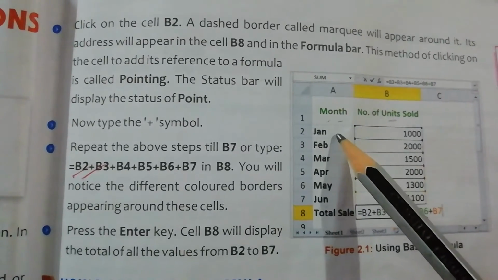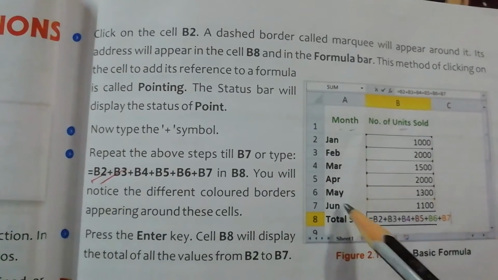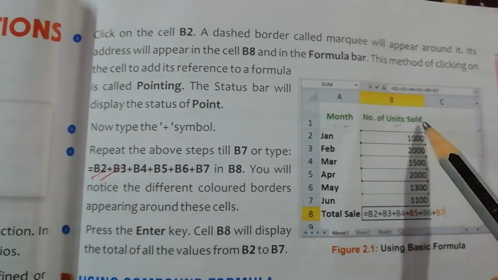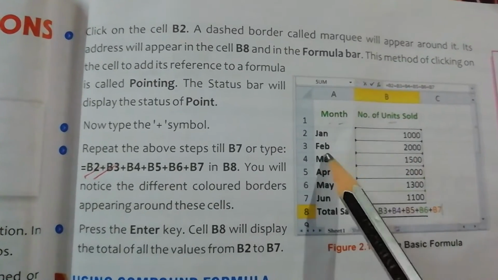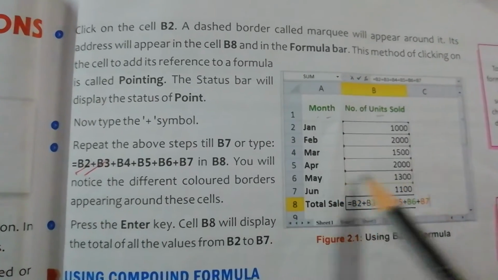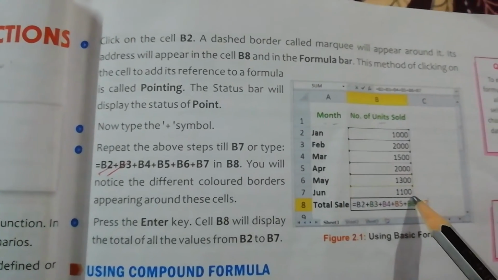On the month side we have January to June and total sale, and here we have the units sold. In January how many units? 1000, Feb 2000, March 1500, April 2000, May 1300, June 1100.